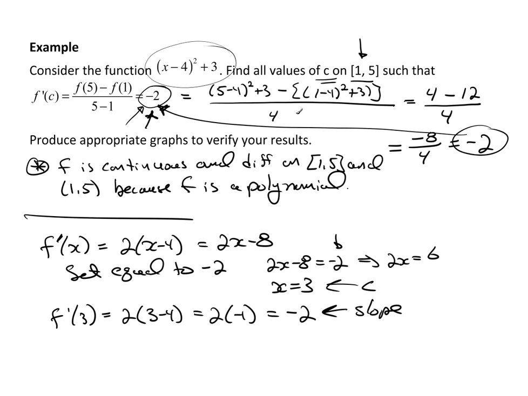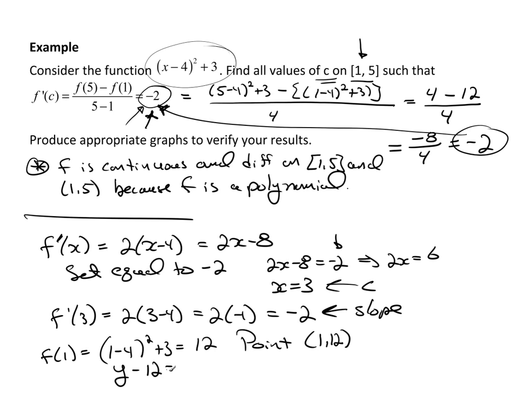I'm going to take this first point here. f of 1, the original function, is (1 minus 4) squared plus 3. That's a negative 3 squared, which is 9, plus 3. That's 12. So I have the point 1, 12.